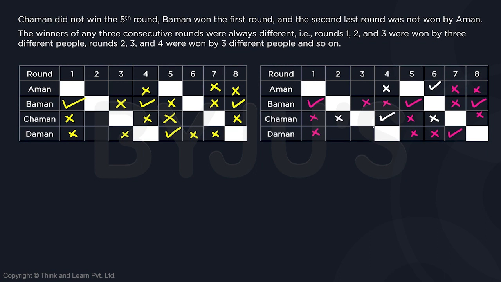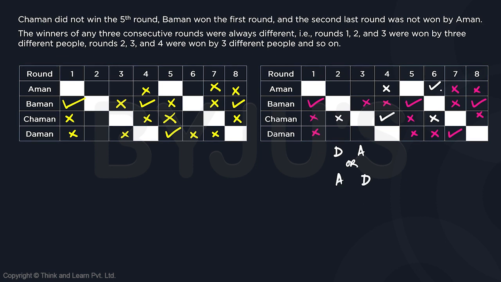Okay. So if this happens, now we are left with scenarios. We can have A winning the 3rd round and D winning the 2nd round, or A winning the 2nd round and D winning the 3rd round, because both are possible. So we can have A winning the 3rd round and D winning the 2nd, or we can have A winning the 2nd and D winning the 3rd.